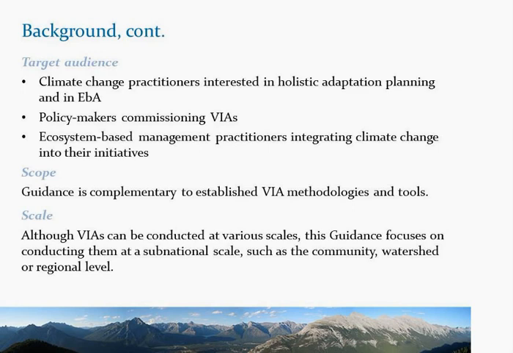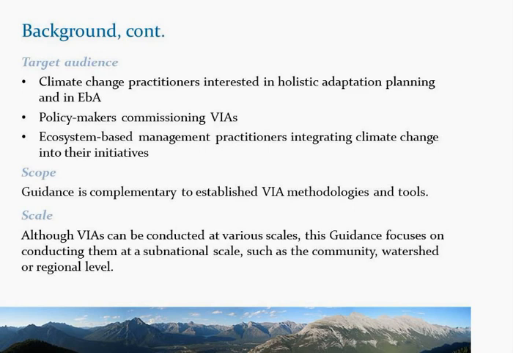So it is aimed at climate change practitioners who want to carry out more holistic adaptation planning and include EBA in their portfolio, but it is also aimed at ecosystem-based management practitioners, so practitioners already working with the management of ecosystems to integrate climate change into their initiatives. And also one key audience for the report is those who are commissioning vulnerability and impact assessments, because obviously it is they who determine the scope of the assessments that will be carried out.